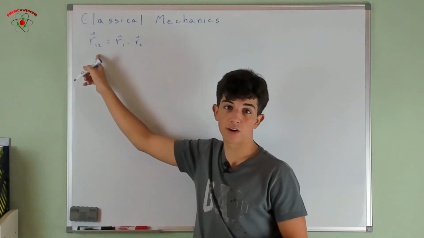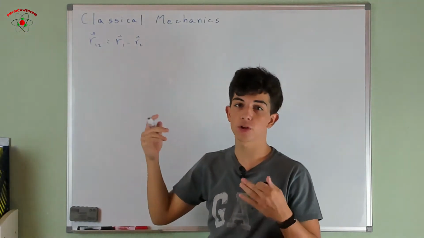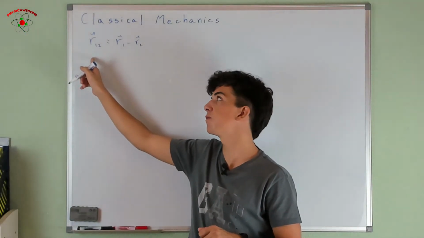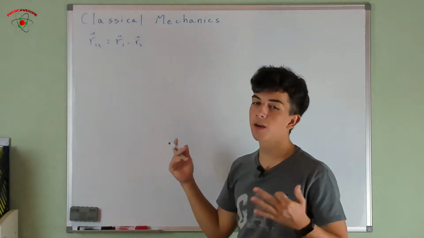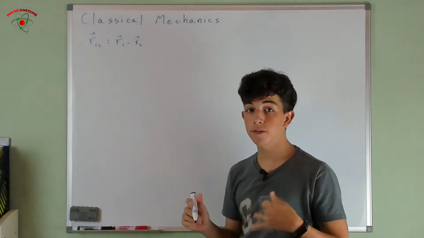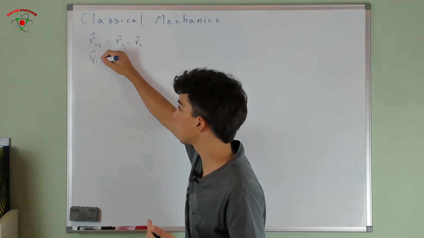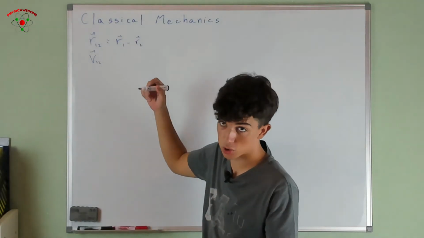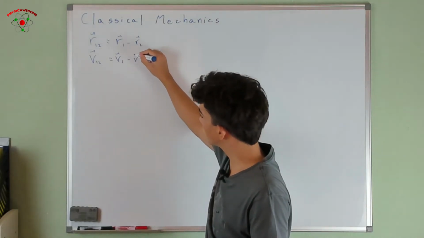And this is also the standard notation, going from 2 to 1. Because when you are doing forces and things, it's the force that 1 exerts on 2, and it's going to be of this form. So it's just a small thing of notation. And also, relative velocity is now going to be, instead of v-rel, it's going to be v12, which is v1 minus v2.